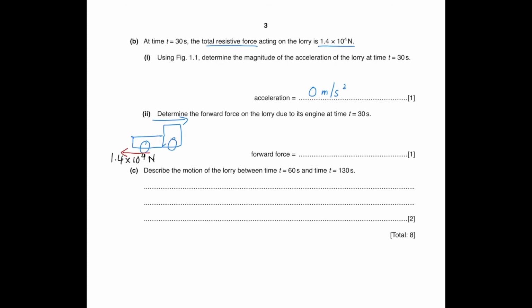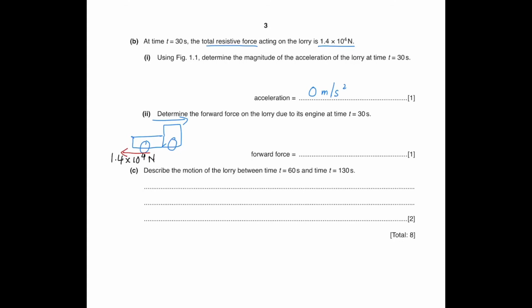So teacher boleh katakan kat sini the lorry has equilibrium forces or balance forces. Kenapa? Sebab acceleration 0. Bila acceleration 0, resultant force acting on the lorry is 0. So bila resultant force equals to 0, means the forces acting on the lorry are balanced.